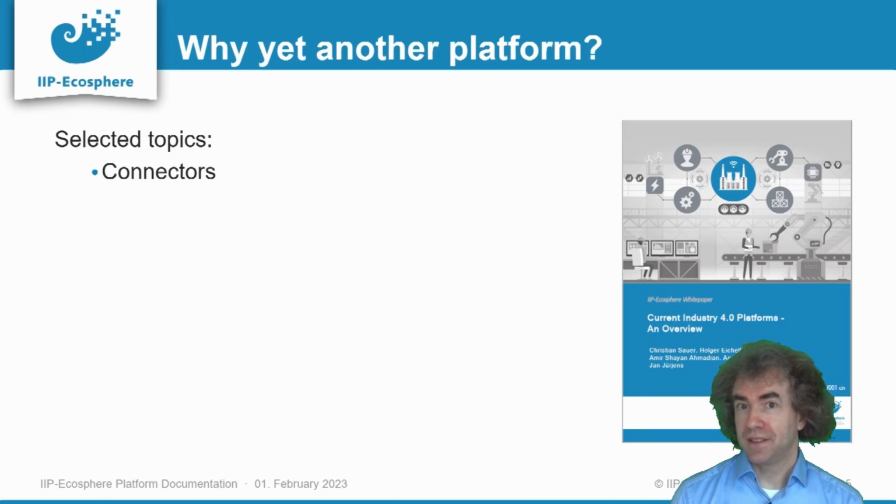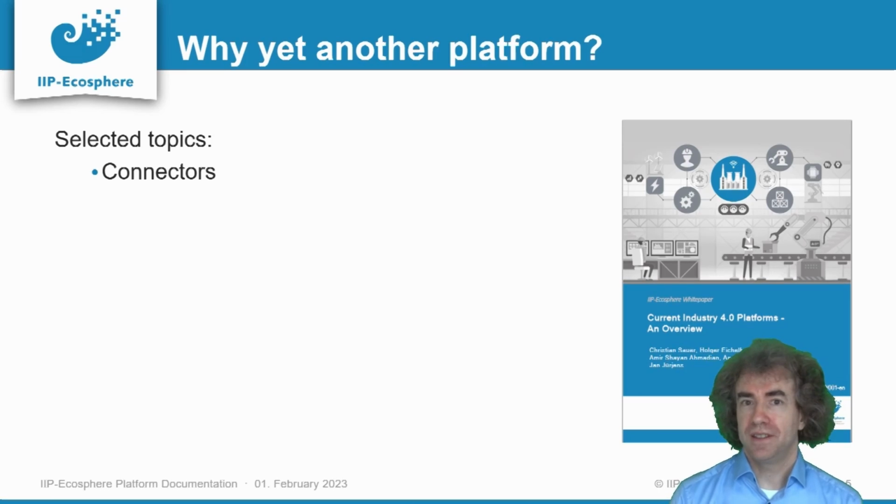And we looked into 16 different dimensions, and I don't want to bore you with all of these dimensions, so just some selected topics here. One topic is the term connector. How does such a software-based platform connect to machines, to robots and all that stuff? You might know that on that level we have a diversity of protocols on the so-called field level. And typically when you look into these platforms, they are pretty well equipped with connectors, also to legacy and proprietary protocols.